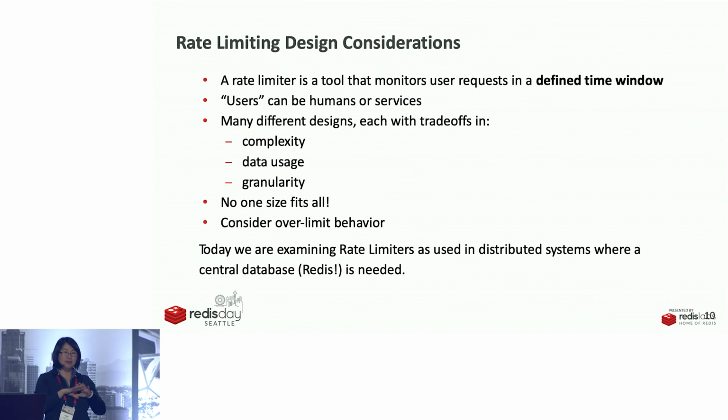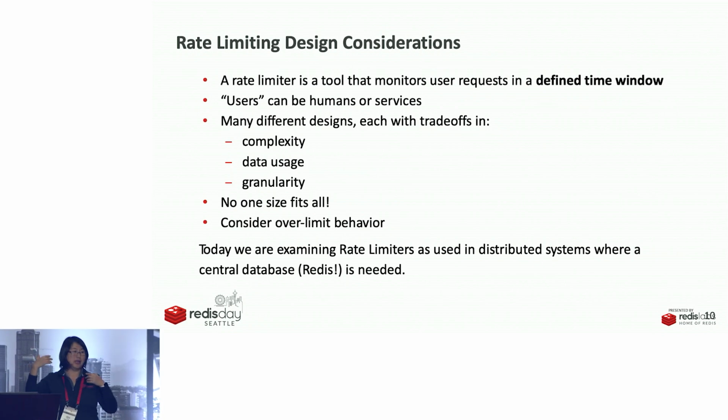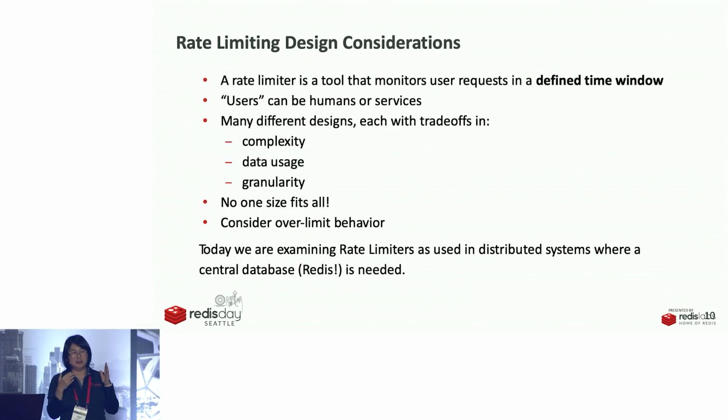So now that you have this broader tool set of choices of data structures, ways to count, and ways to incur, what are some of the things you should keep in mind as you look at designing a rate limiter? The key thing is defining the time window. It sounds simple enough: I just want to have 10 requests every second, right?